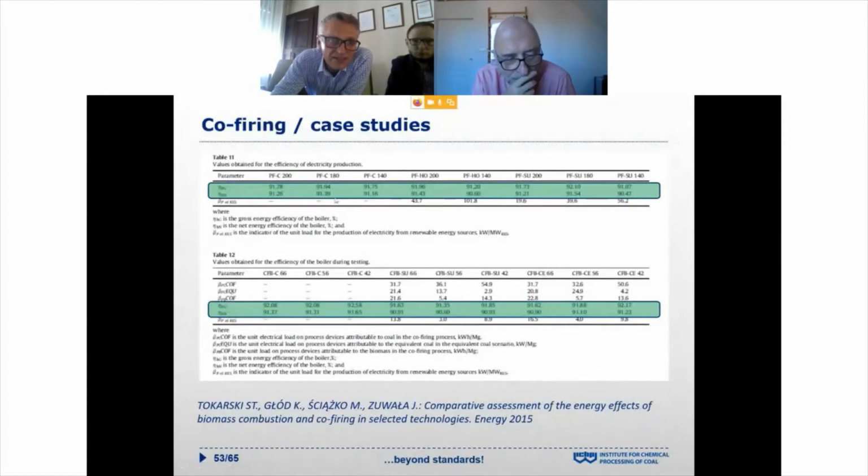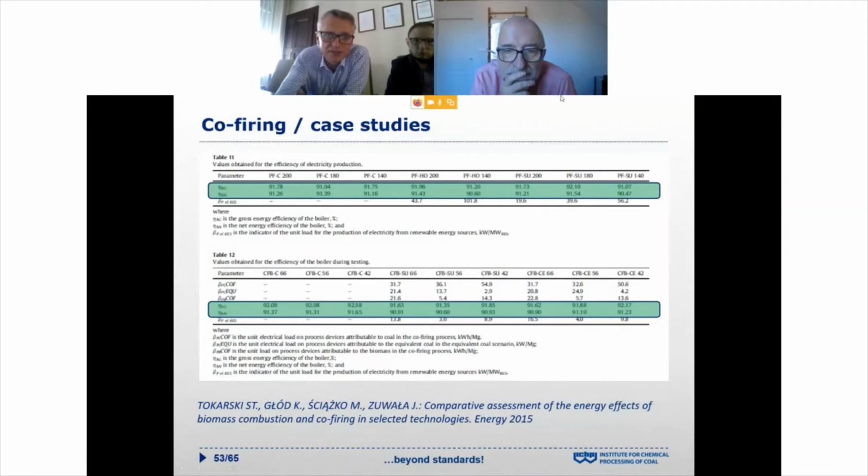So these first 2 columns are pulverized fuel and CFB boiler, and they are fired only with coal. And the other group of data is the co-firing with 5% and 10%.